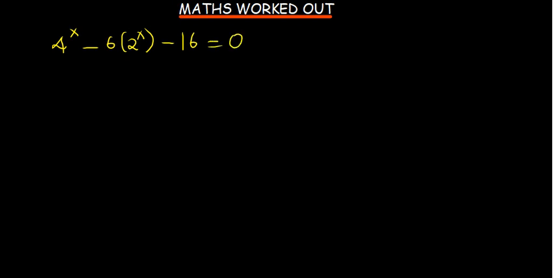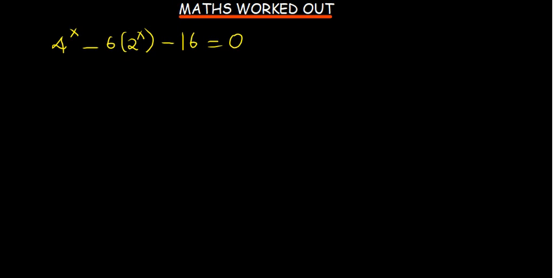To solve an equation in this form, just like we said yesterday, if you see 2 to the power x, make sure that everything that has got power x is written with base 2.